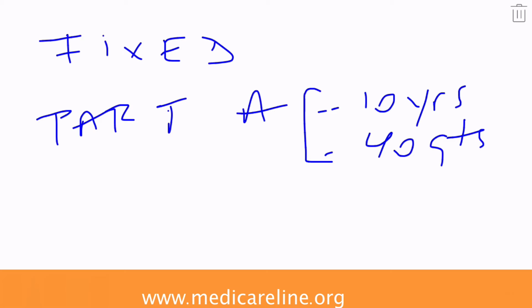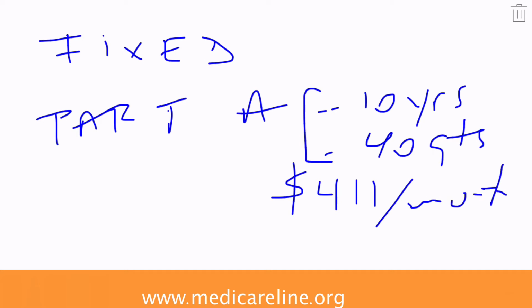You see on your paycheck the Medicare tax that you've been paying all those years goes into your Part A Medicare. If you don't qualify for premium free Part A, then the cost can be pretty high, somewhere in the neighborhood of $411 per month. So that's pretty high. But most people don't pay for Part A.